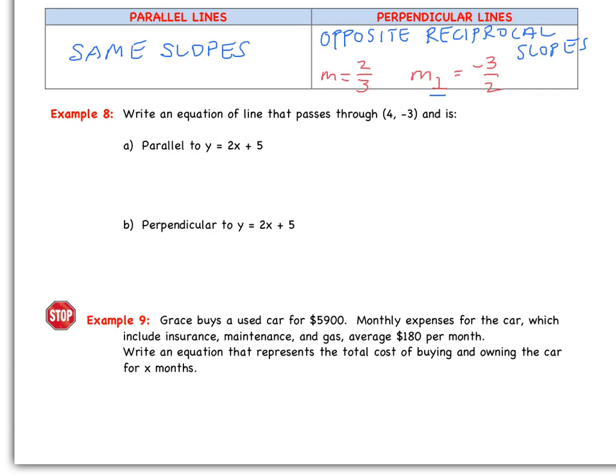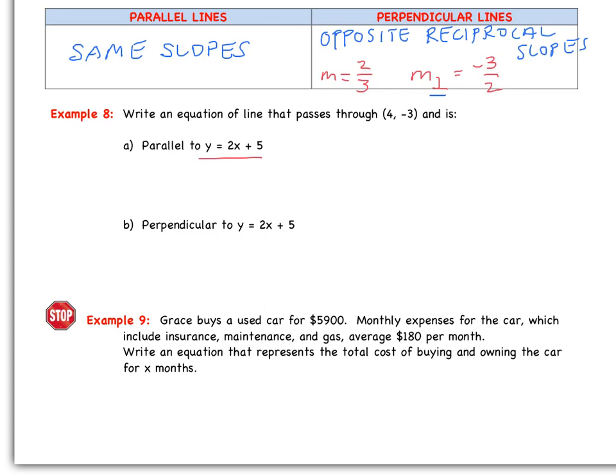Now let's look at example 8, where we're writing the equation of a line that passes through the point (4, -3) and is parallel to the line y equals 2x plus 5. Well, parallel lines have the same slopes, so all I need from this equation is the slope.